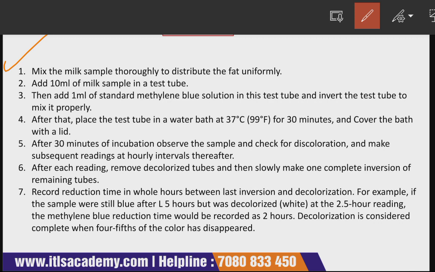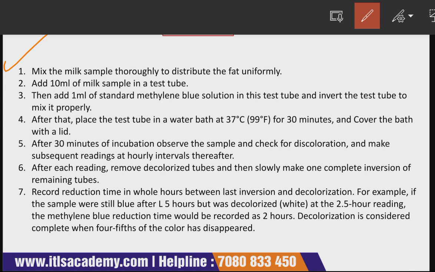For example, if the sample was still blue after 5 hours, but was decolorized white at 2.5 hours, the methylene blue reduction time would be recorded as 2 hours. Decoloration is considered complete when 4 to 5th of the color has disappeared.